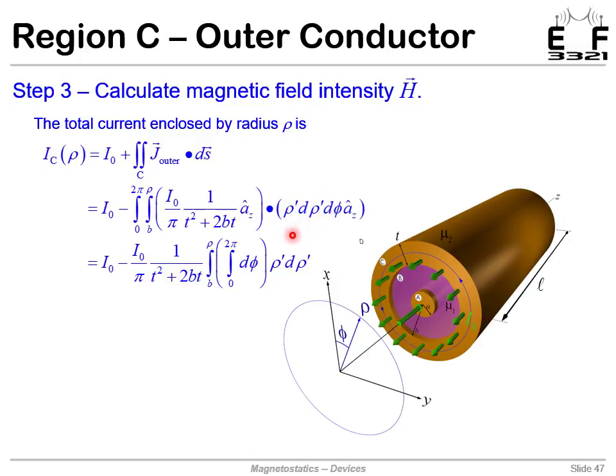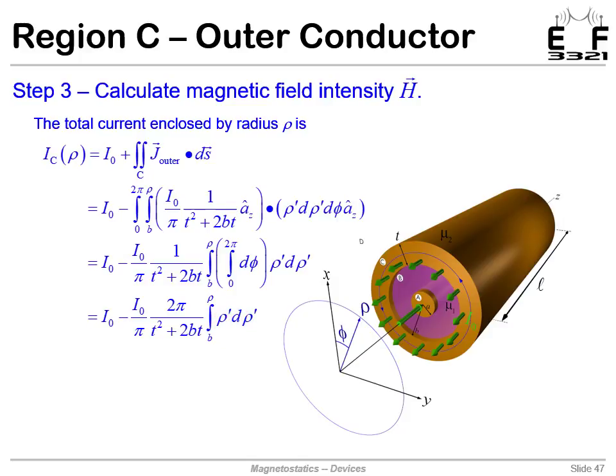The first thing I like to do is isolate this phi integral, which ends up just being 2 pi. So the 2 pi comes to the outside, and now we're just left with an integral over rho prime from b to rho. The reason we're using a rho prime here is because we're using rho out here in the limit, and so it wouldn't make sense to use a d rho and a rho inside here. So we just made it a rho prime.